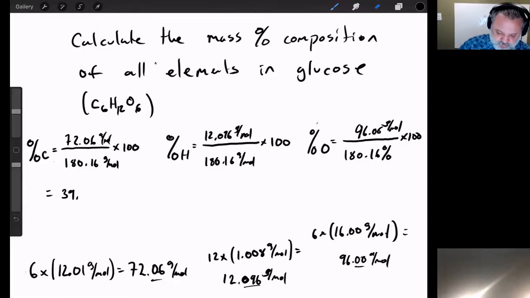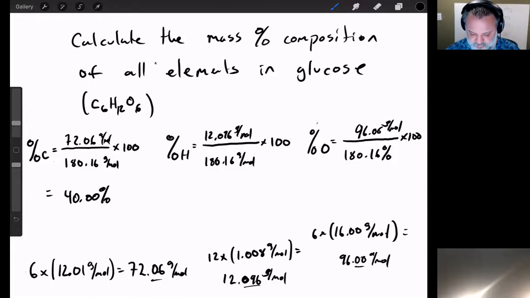So that's actually, even with 2 decimal places, 40.00%. 12.096 divided by 180.16, I get 6.714%.